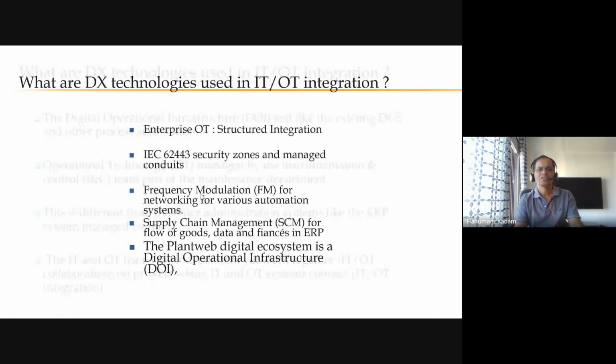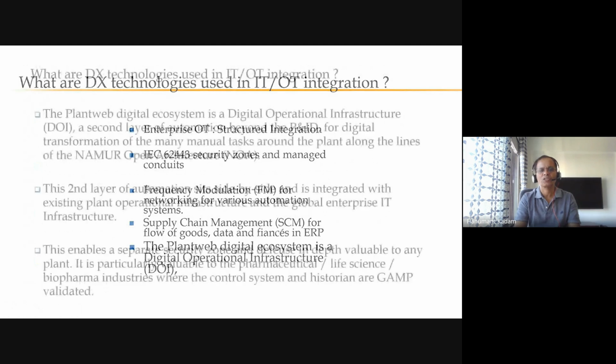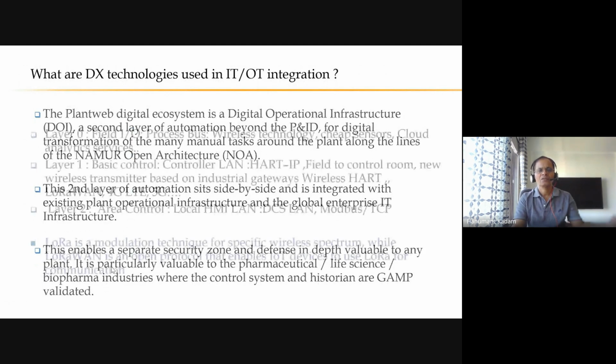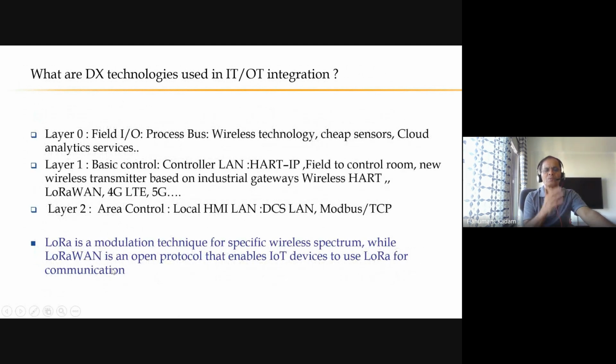So we have discussed the benefits, technologies, NAMUR, that I told now, and Purdue. Both the models are now available for the users or integrators, manufacturers of the automation systems in the IIoT.